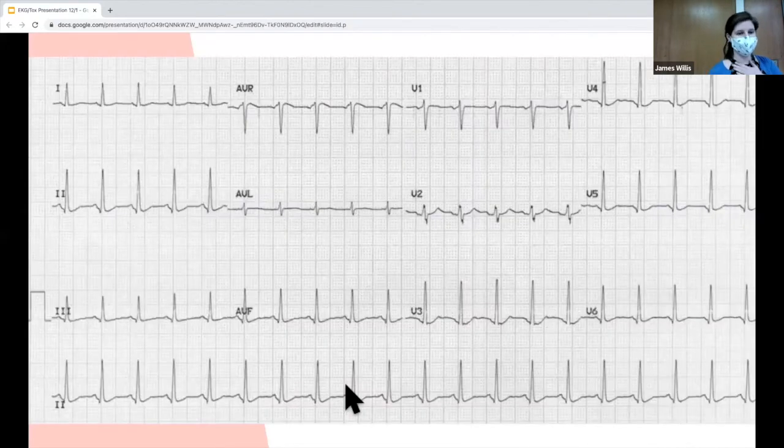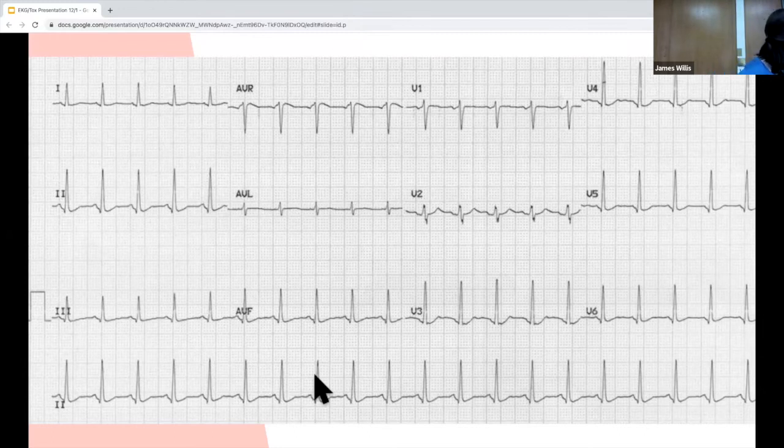And then this is another interesting one. So can someone tell me the rate and rhythm? Fast, good. Tachycardic, rhythm regular, P waves, good. So we have sinus tachycardia. We're in the same theme, so let's do PR interval. Short, okay.